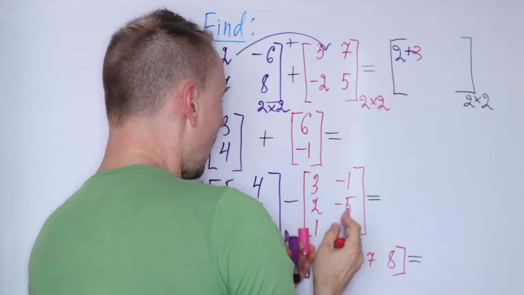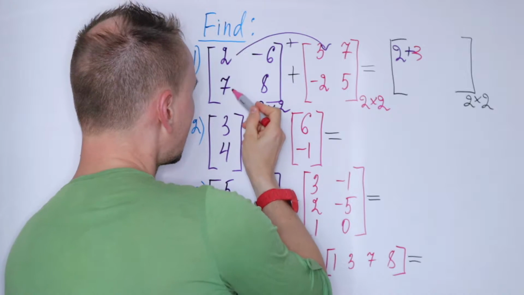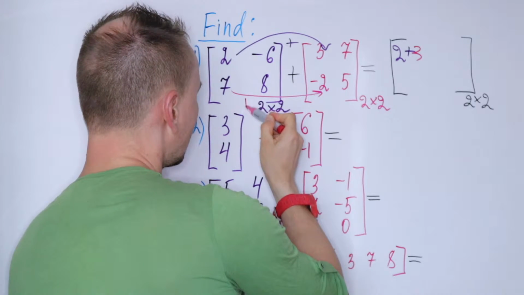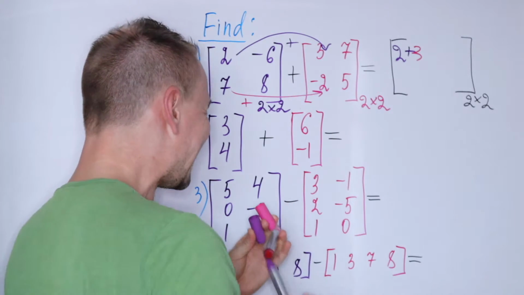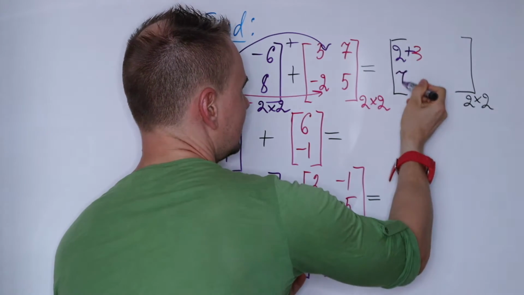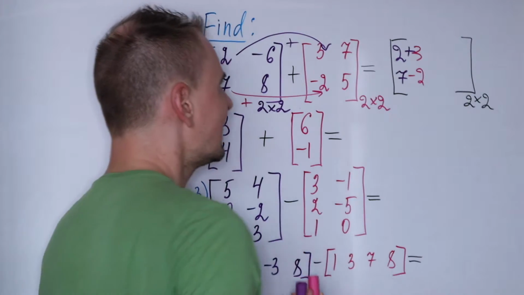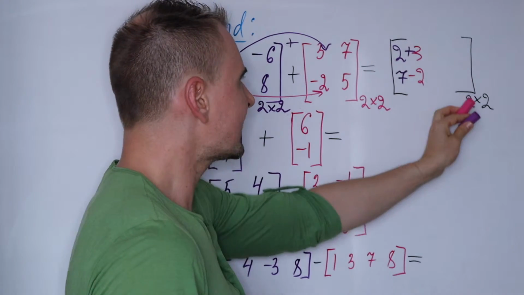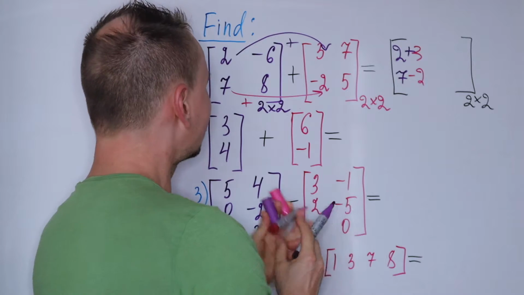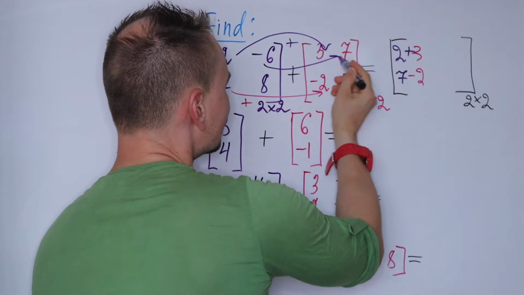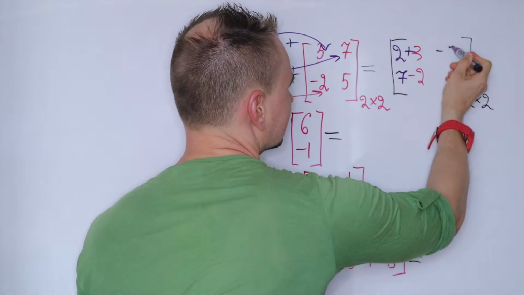For the second row, similarly, you add the 7 and negative 2. So 7 plus negative 2, which basically gives you 7 minus 2. For the second column, you would have negative 6 plus 7.